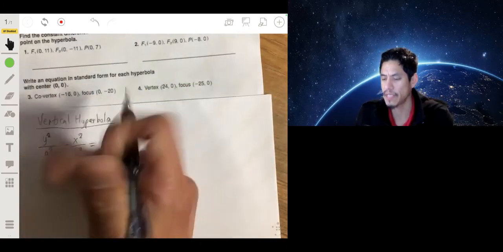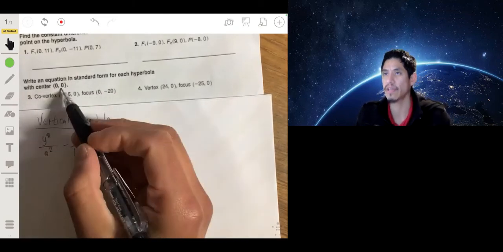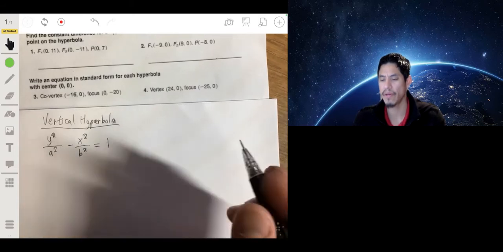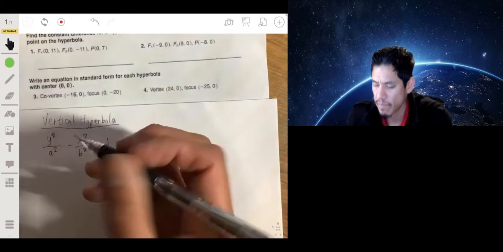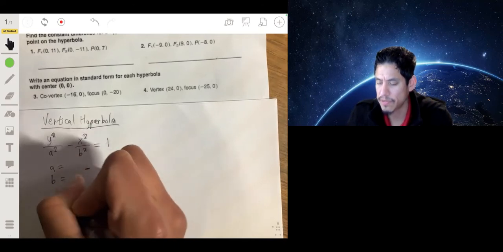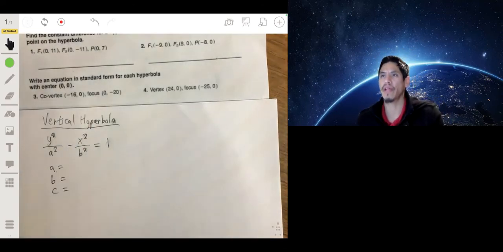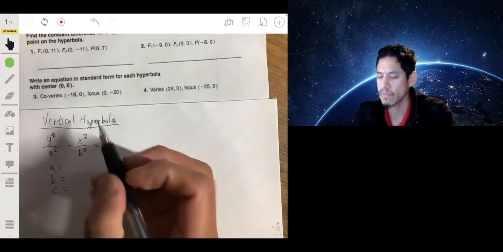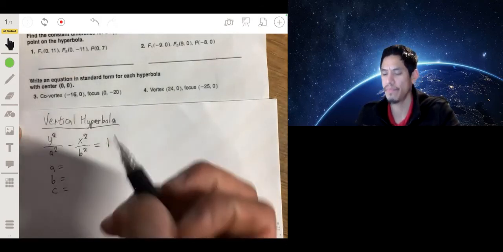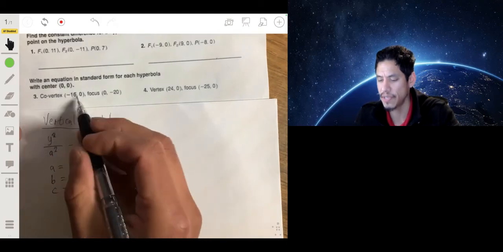You don't have to worry about h and k because we're told it's centered at the origin. So we just need to figure out what a and b are. Sometimes you will need to figure out a, b, and c. The covertex we like to represent with the b, so b will be 16.